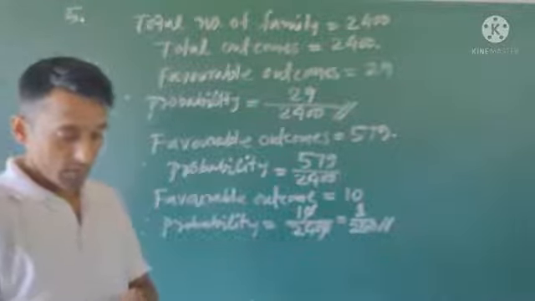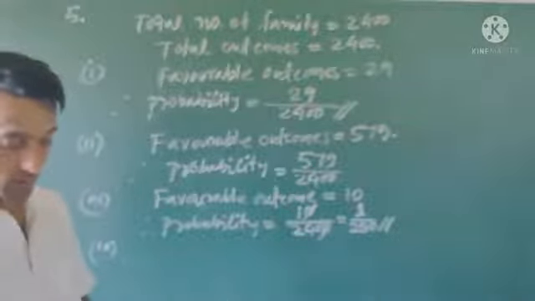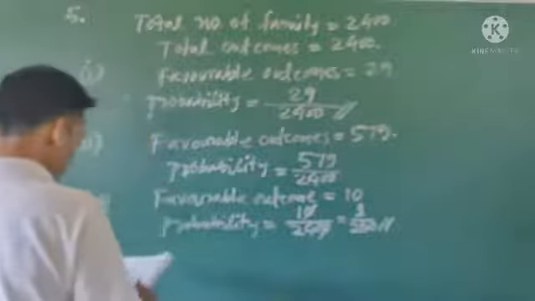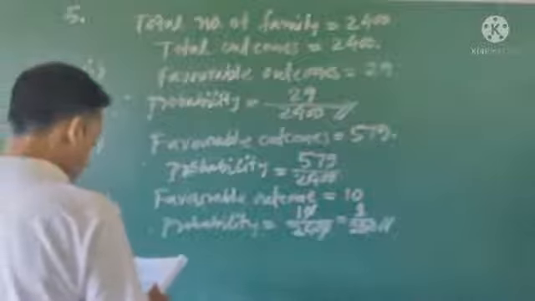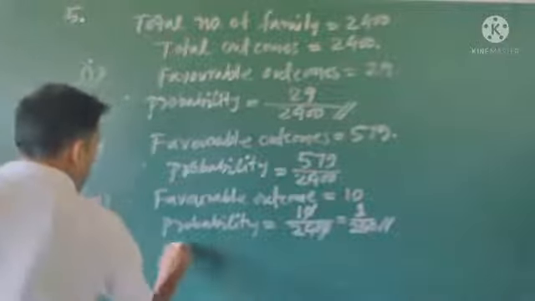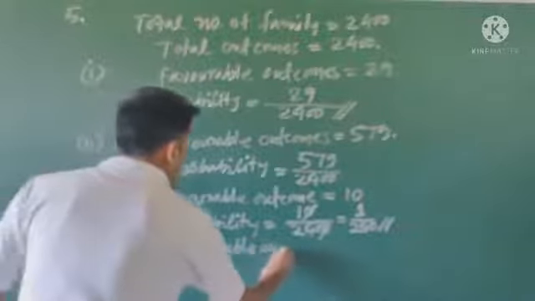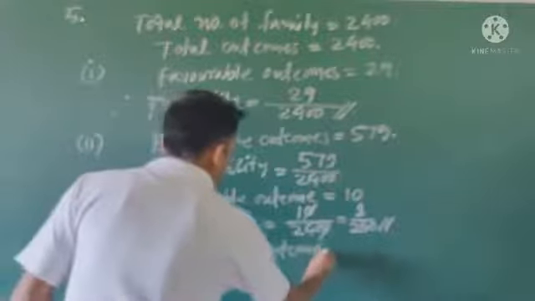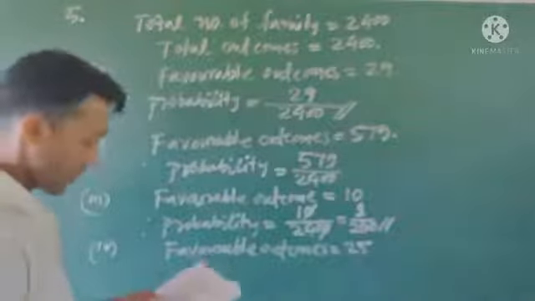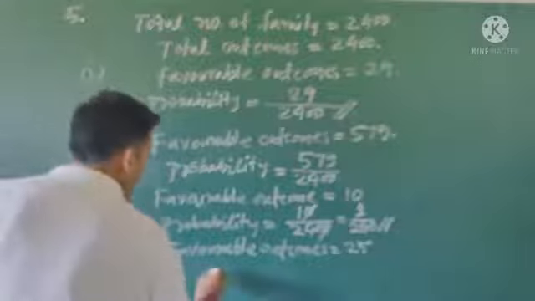How many families have more than 2 vehicles whose earning is 13,000 to 16,000? 25 families. So favorable outcomes is 25. That means 25 families have more than 2 vehicles whose income is between 13,000 to 16,000.